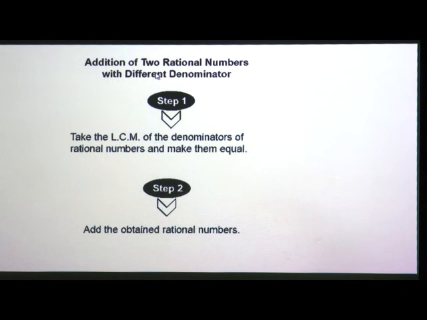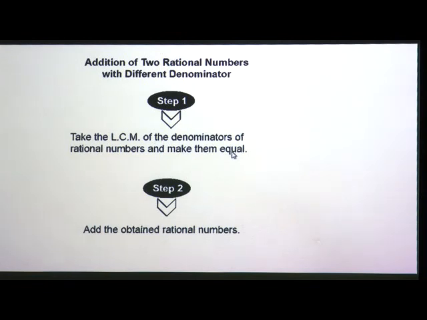So, addition of two rational numbers with different denominators: first step, take the LCM. Now, you know very well what is LCM, it is nothing but the least common multiple of the denominators of the rational numbers, and make them equal. In the previous class we had learned how to make a denominator equal.